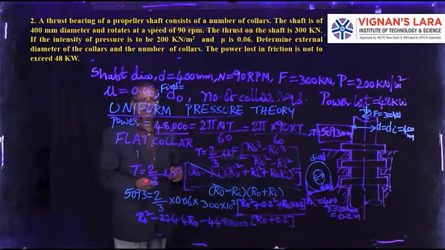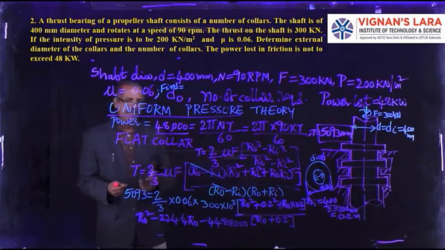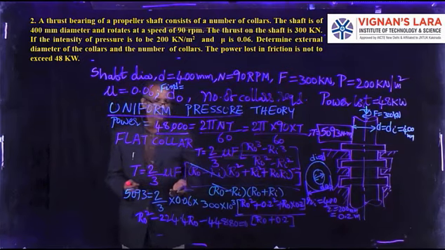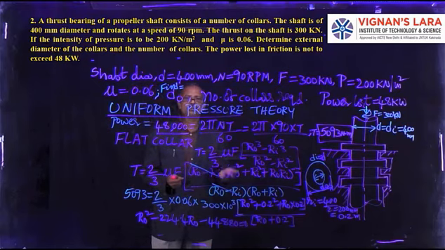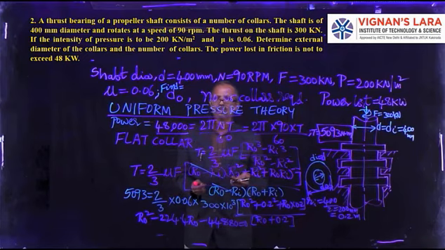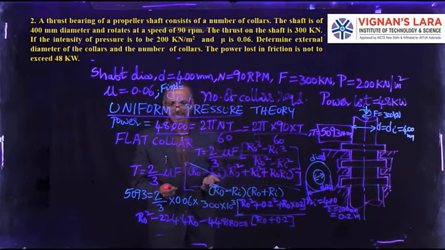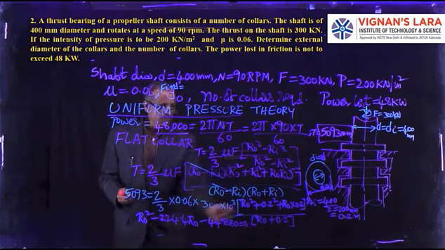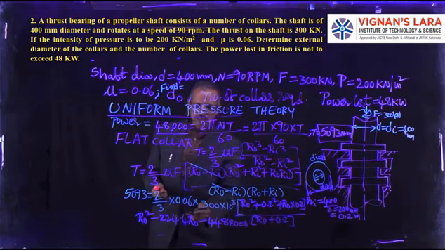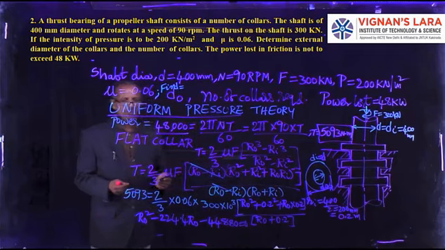So you got an equation in terms of x square minus x minus constant, or ax square plus bx plus c. So you know that the roots for the equation is minus b plus or minus root of b square minus 4ac by 2a.